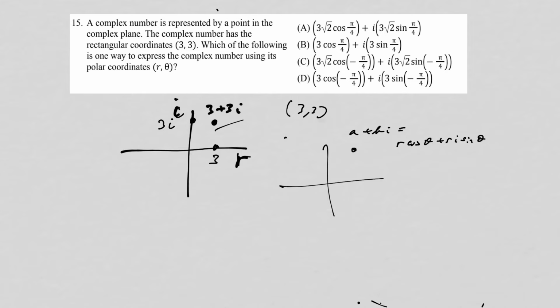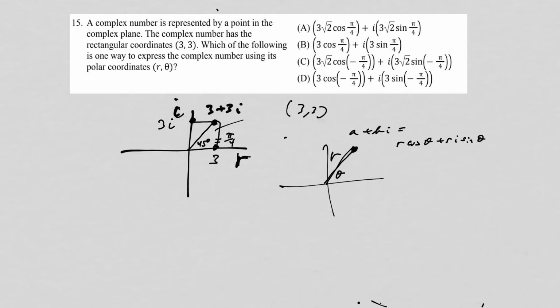So the r and theta are the length from 0, 0 to that point, and the theta is the angle. So in this case, sorry for my voice breaking, this angle is obviously 45 degrees because it's like a square, which in radians is pi over 4 radians.